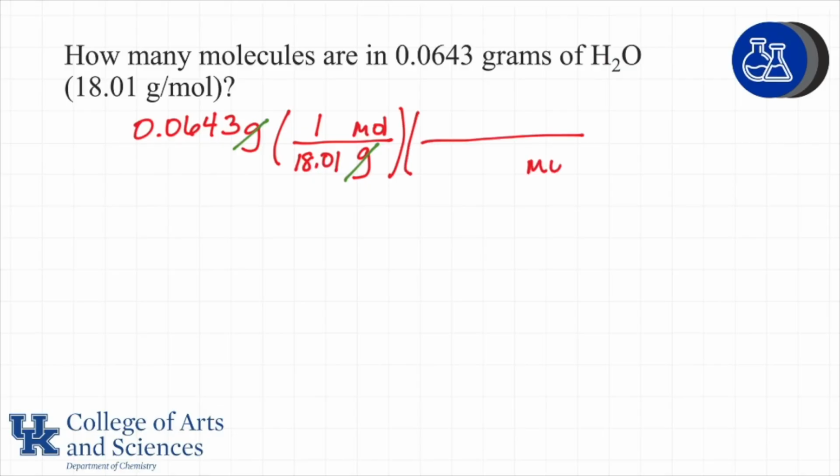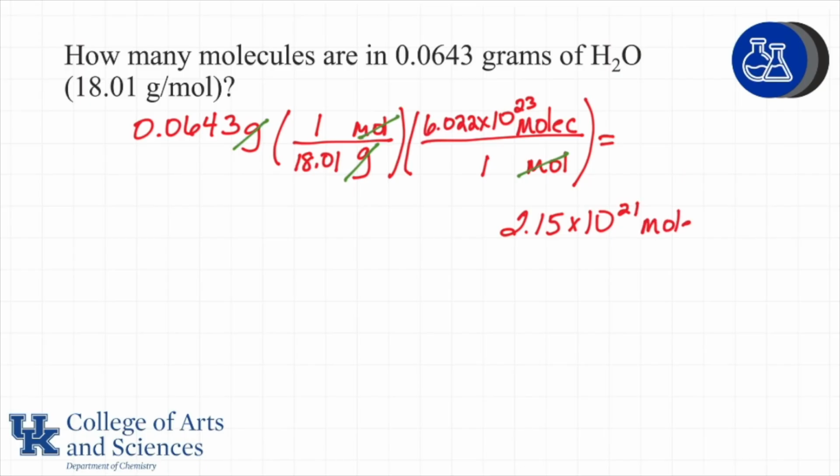Moles will need to go on the bottom of the next step and molecules will go on top. That's the only other relationship we know, between moles and molecules using Avogadro's number. So that's what we have to use. Moles will cancel out. We're left with units of molecules, and I can do the calculation and find 2.15 times 10 to the 21st molecules.